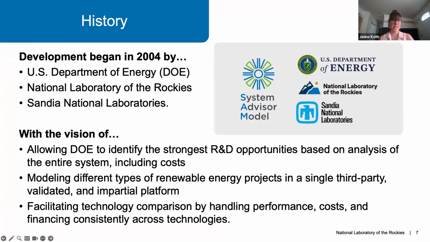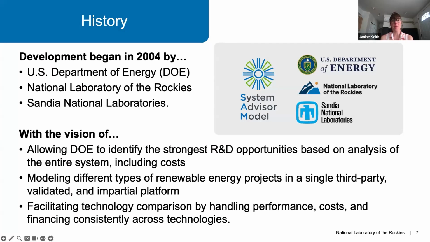Originally, SAM started to be developed in 2004 as a joint project between the U.S. Department of Energy, the National Laboratory of the Rockies, and Sandia National Laboratories. The vision back in 2004 was to allow DOE to identify the strongest research and development opportunities based on the analysis of the entire system, including the costs, not just the technological benefits.